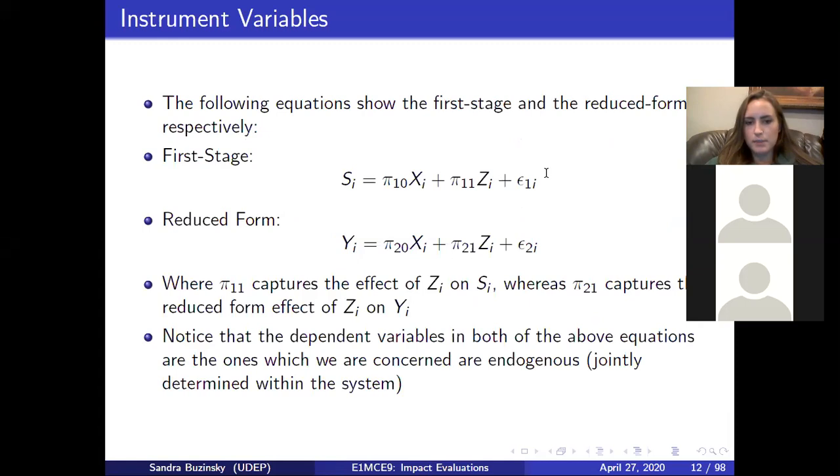Okay, so this is basically what I just wrote on the whiteboard earlier. These two regressions will be our first stage and the reduced form. Don't be scared off, I just used different coefficients. Wait, what's x?